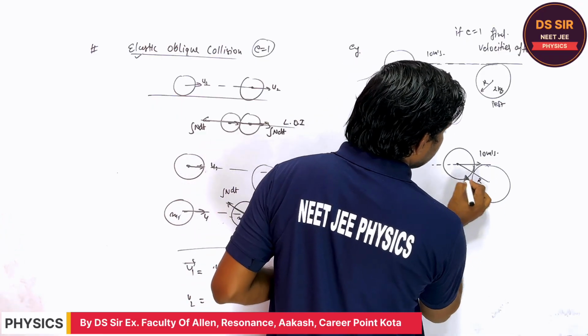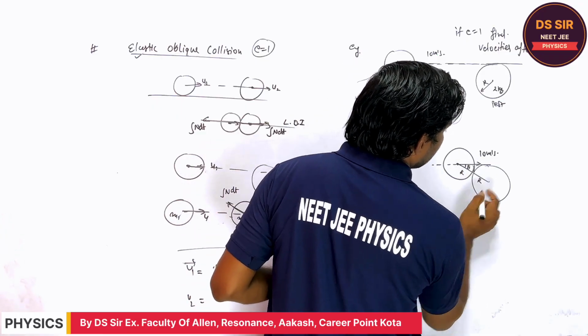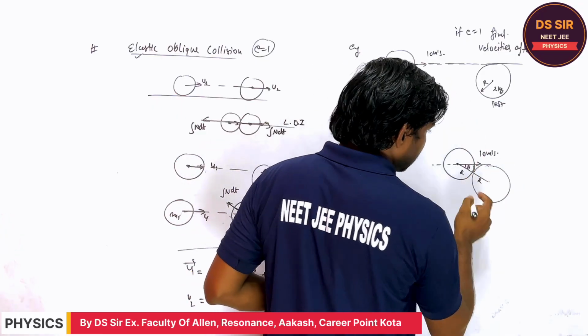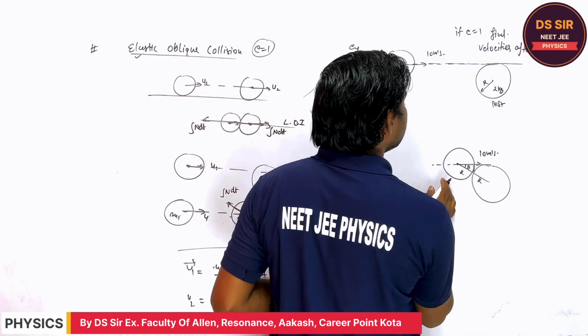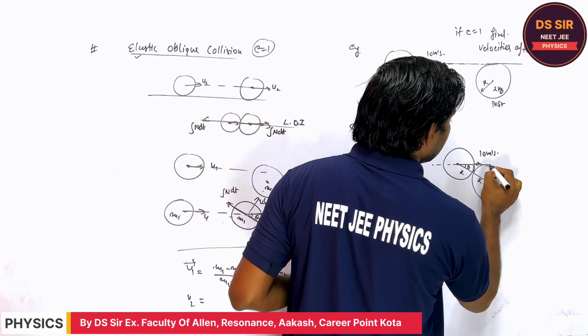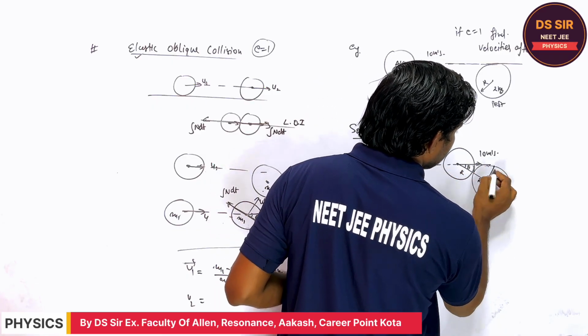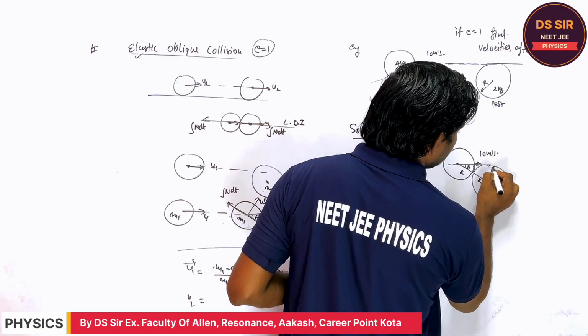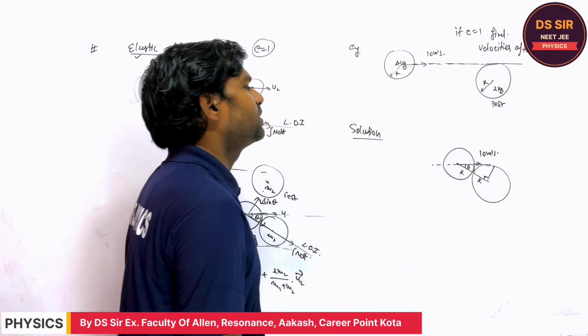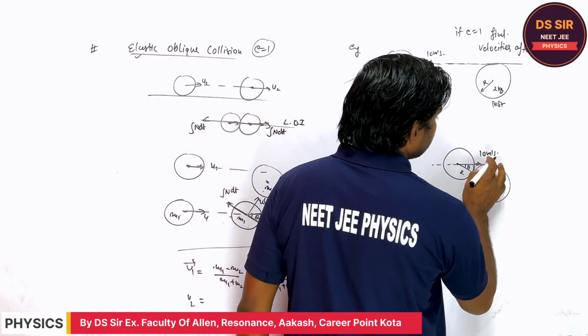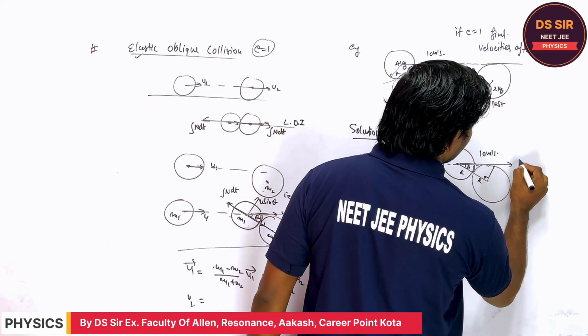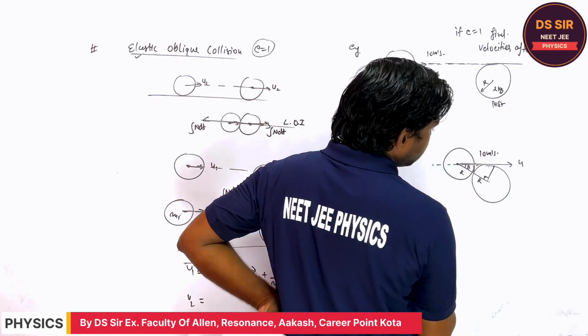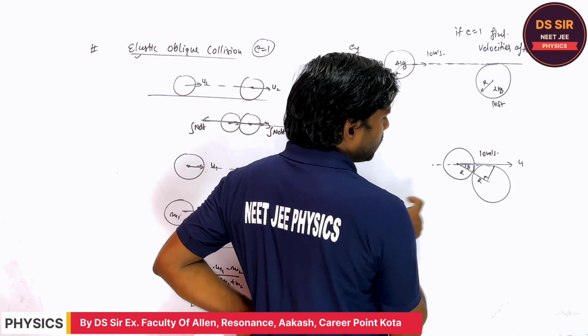If this is r, this is r, this is theta, right? And if this is r, this is r, can you find the angle theta? It is the perpendicular like this. Are you getting or not? The velocity is along this. So what is this angle theta, you tell? What is this angle theta?